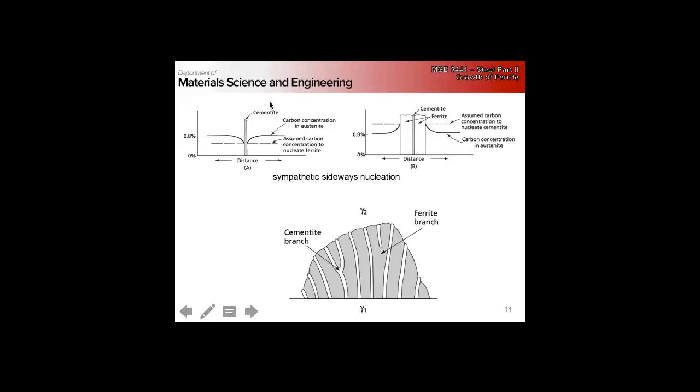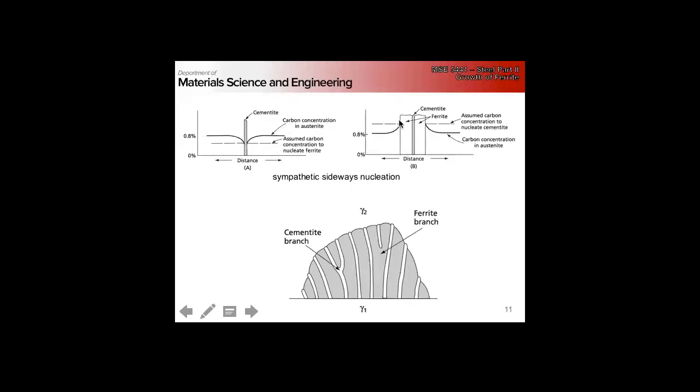The lateral growth along the grain boundary occurs by what we called sympathetic sideways nucleation, right? Imagine we're growing a ferrite lath. We have to partition the carbon out. So we have this diffusion field of an enriched carbon region out front of the lath, and eventually this will get high enough that it will nucleate a new cementite lath.